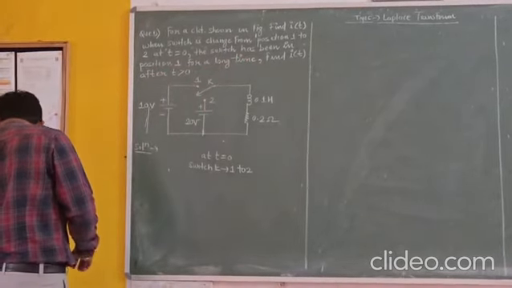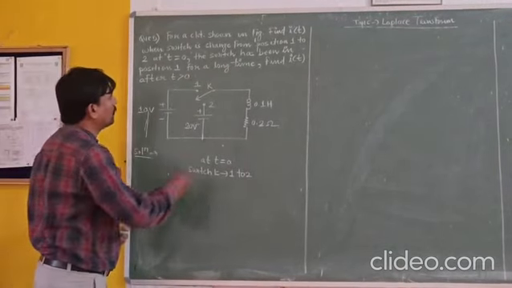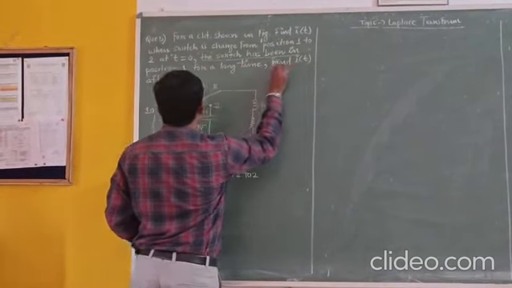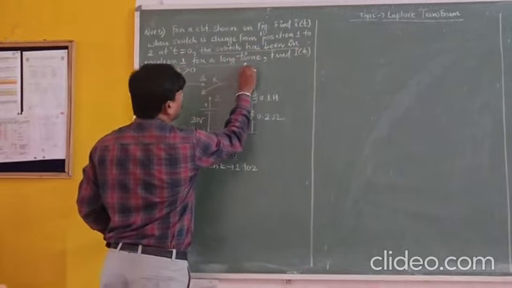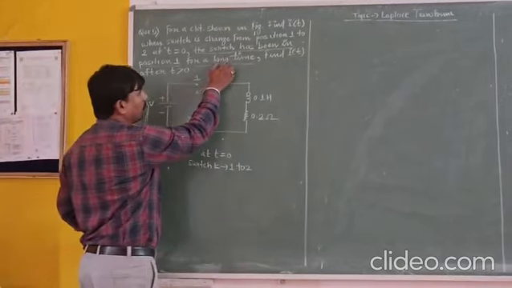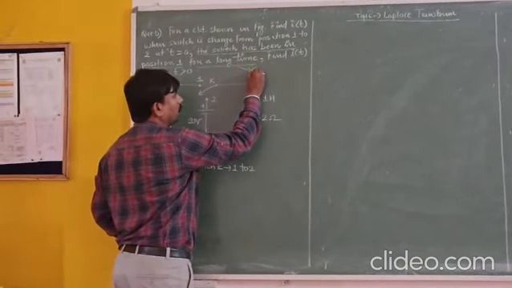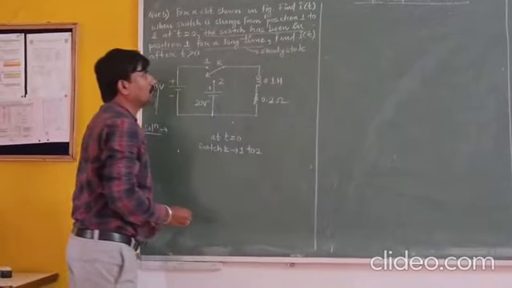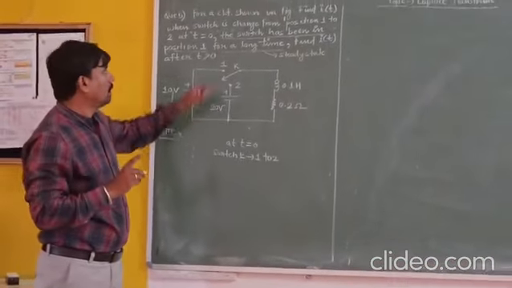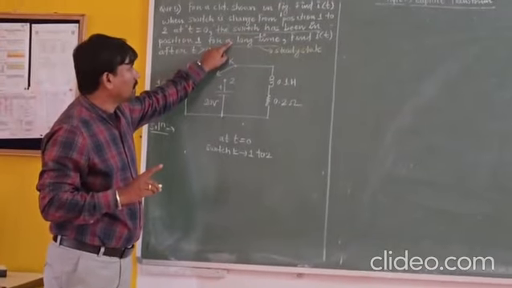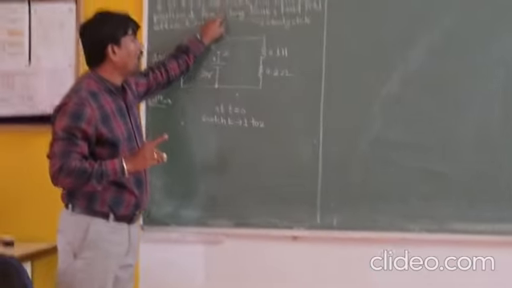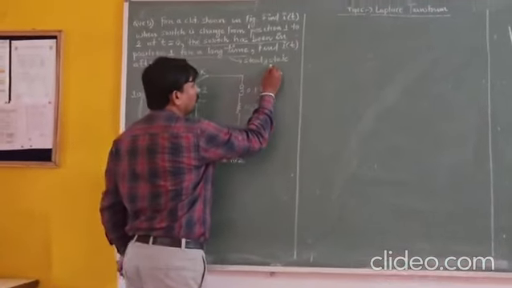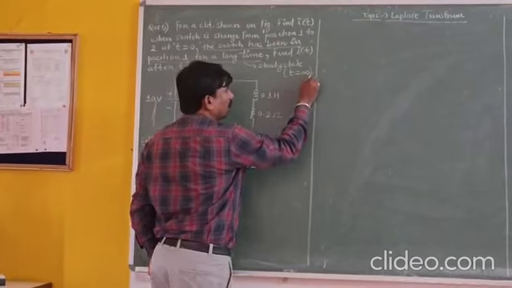Now this is one of the important statements that will be given inside the numerical: the switch has been in position 1 for a long time. This phrase, for a long time, is always related to the steady state. One thing you have to always remember: whenever such a phrase is given, for a long time or steady state, it means that you have to solve the numerical at the condition t equals infinity.